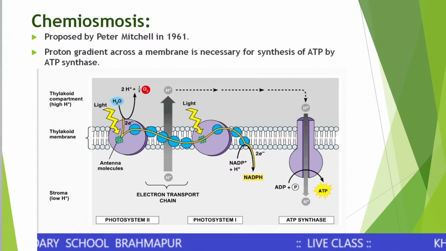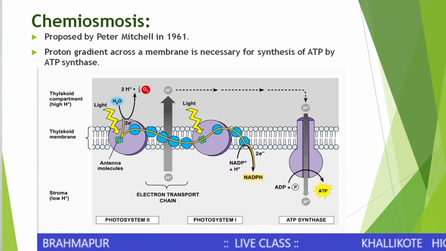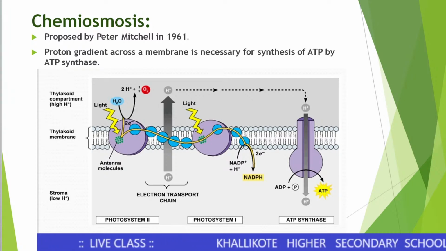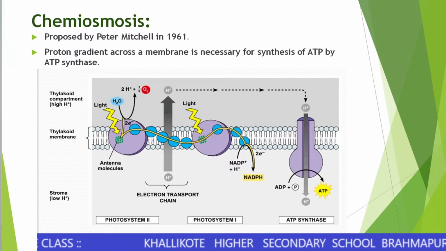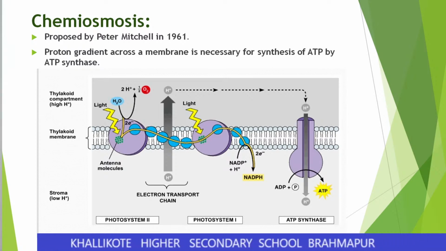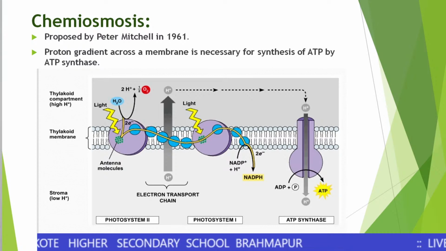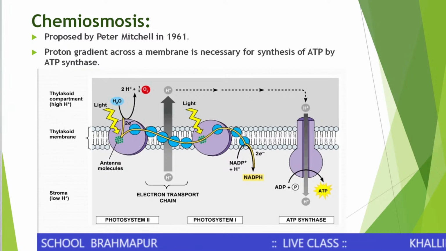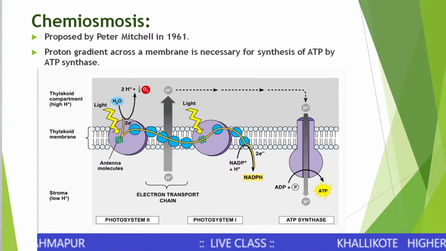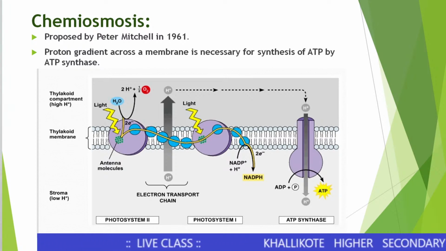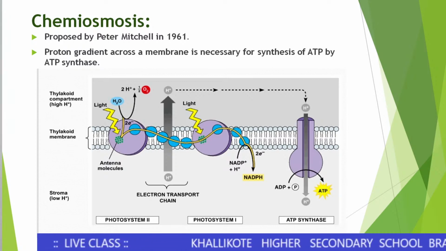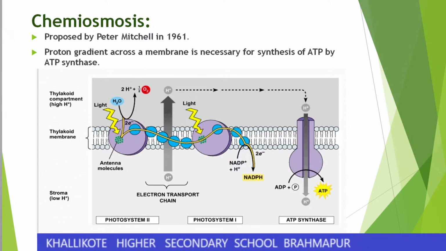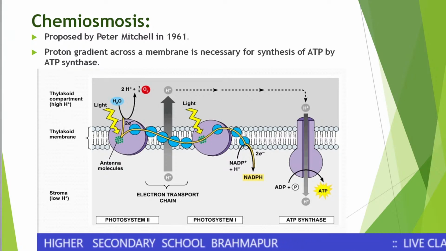So this stroma side contains the head part, the CF1 part, which has the ATP synthase enzyme in the inactive state. So when H plus ions are directed from the CF0 component and move through the CF1, ADP and inorganic phosphate get combined to form an ATP molecule, utilizing this proton gradient, or the movement of H plus ions across the CF0 and CF1.